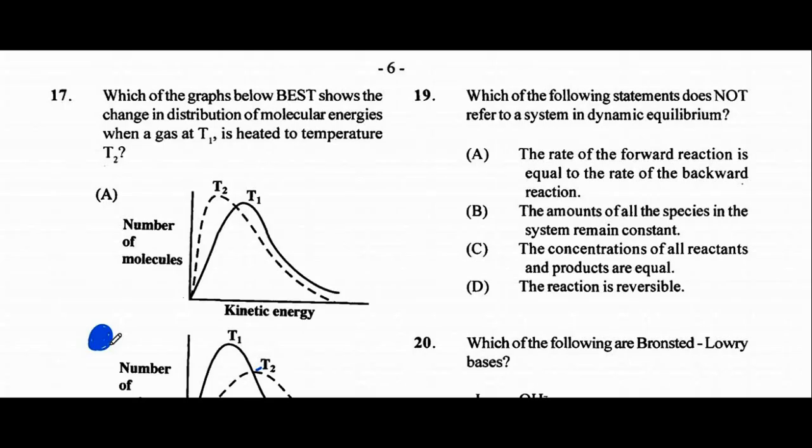C. No, that's not true. The reaction is reversible. Yes, it is. That's why you have forward and backward reactions. So C for 19, because if it were true, that means that the Kc would be 1.